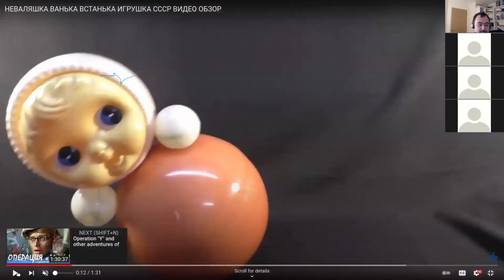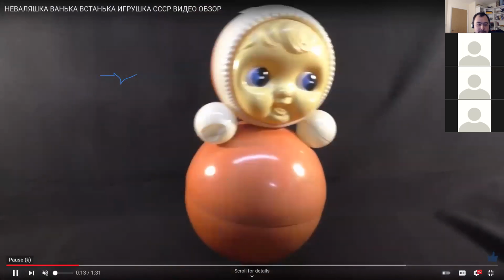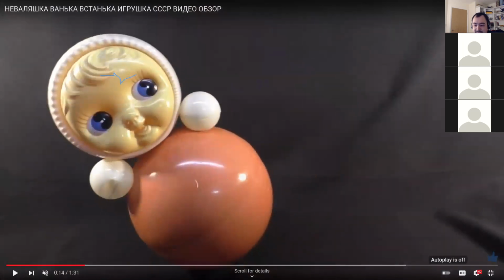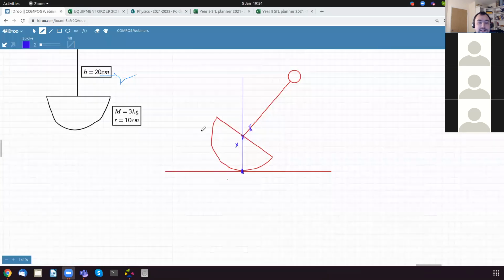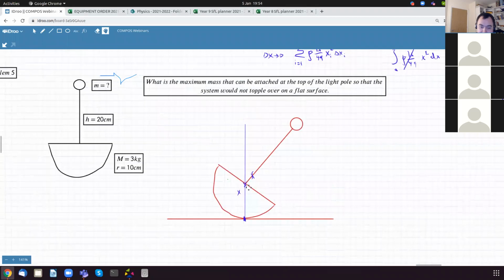Yeah. So basically, this is a similar system, just a simplified version. It contains a hemisphere and a mass attached on a rod.